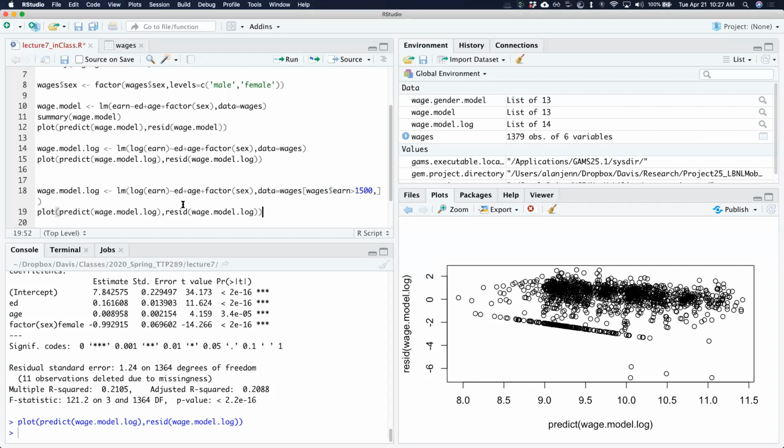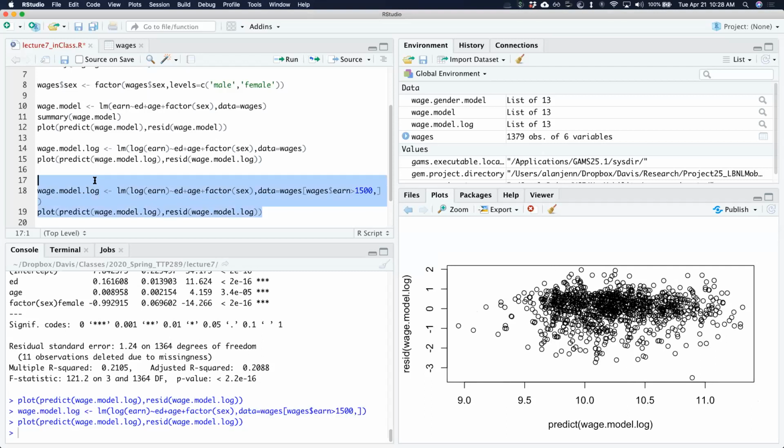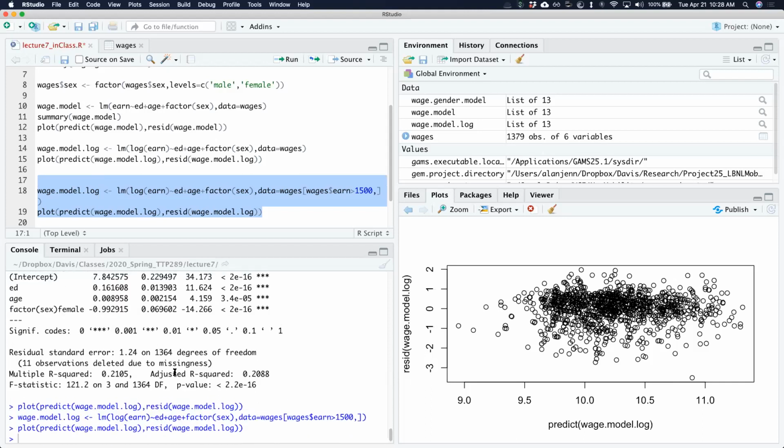I'm not talking about how we get there, but just in order to look at the residuals, we can see what happens when I filter some of these guys out and run the model. Then you have a more proper residual plot that looks a lot more reasonable and would be something that you would think is probably a bit more robust, especially in terms of going through some of the diagnostics.